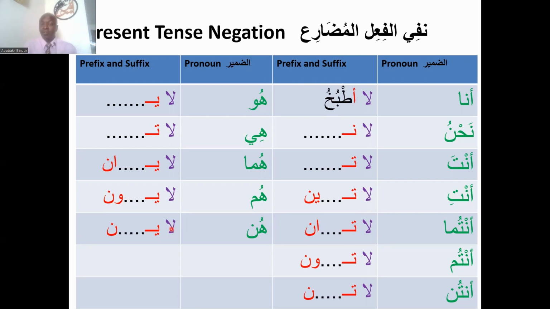If you have mastered the present tense, you can do the negation, the future tense, and also the future tense negation. Also, if you want to negate the past tense, you need to use the verb in the present form. So in order to do the negation or the future tense and the present tense itself, you need to know your present tense conjugation. And I cannot stress that enough.